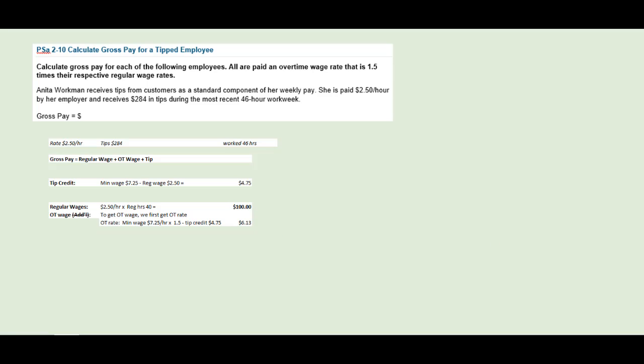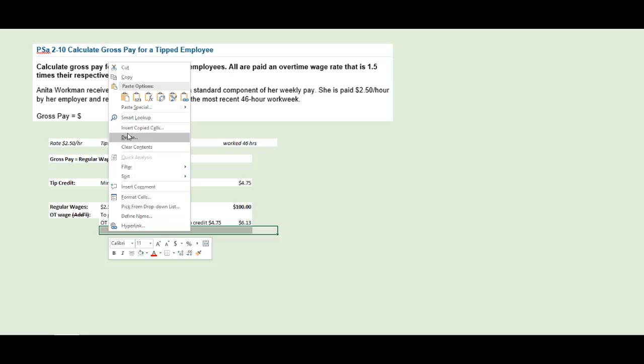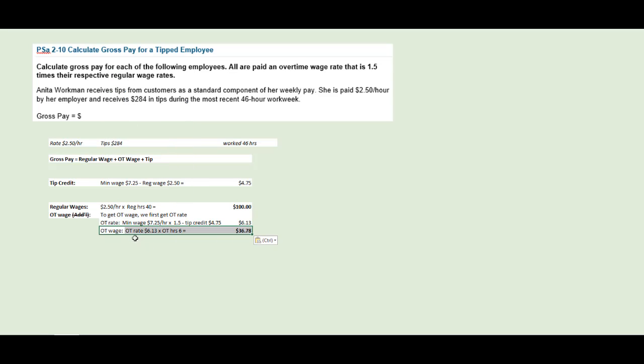After getting the overtime rate, now you want to get the overtime wage, and you use the overtime rate of $6.13 that you just calculated times 6 hours of overtime. That gets you $36.78. Next is the tips.